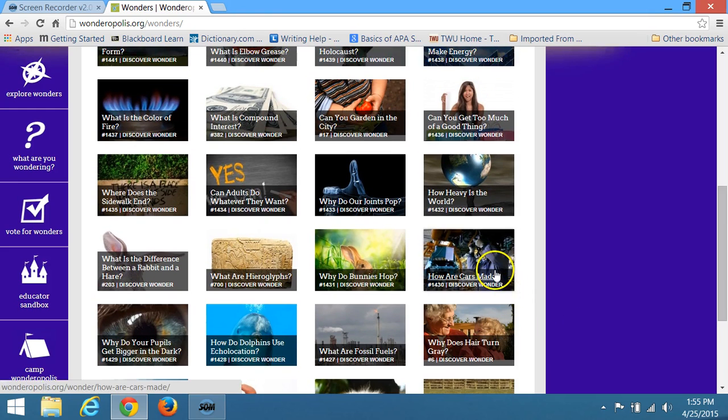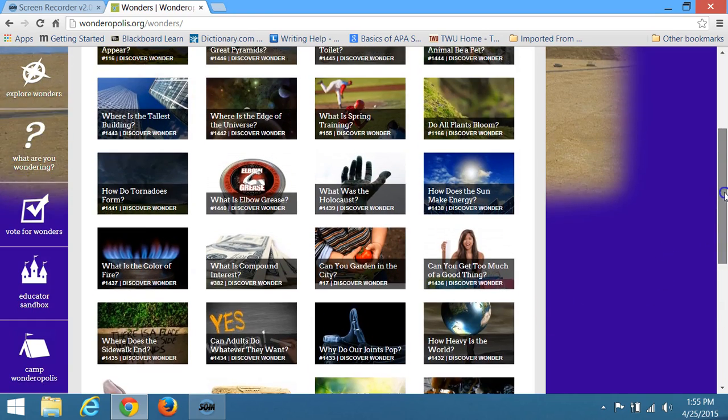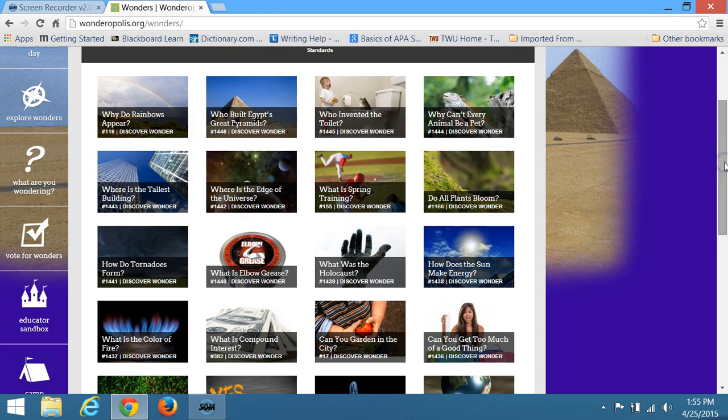If you want to know how cars are made, if you want to know what are hieroglyphics, about dolphins using echolocation. I know that if you were really looking carefully, you saw up here a little boy and you went, who invented the toilet? Everybody wants to know who invented the toilet. Go ahead, find out. Why can't every animal be a pet?